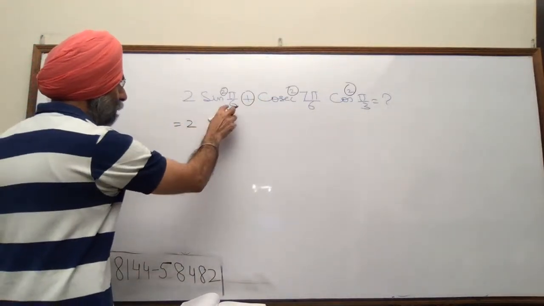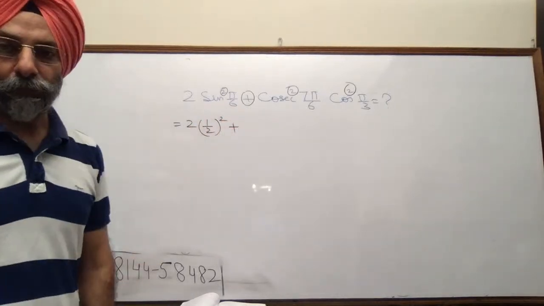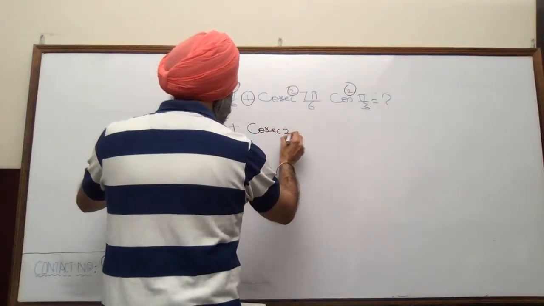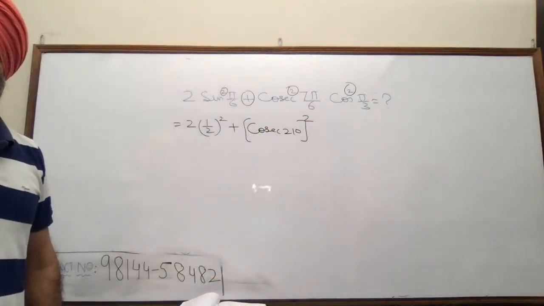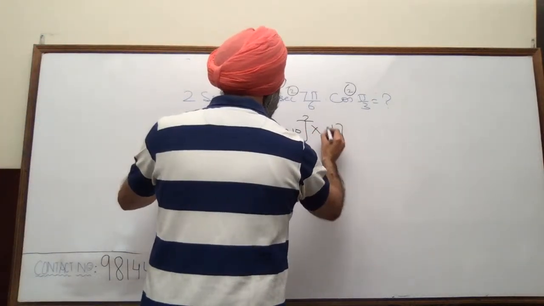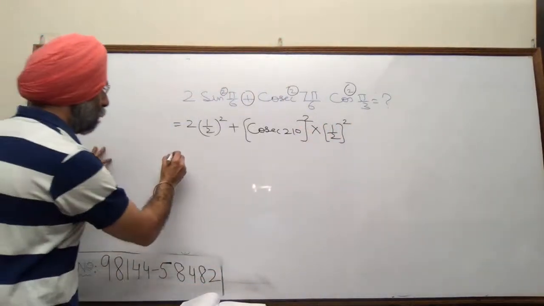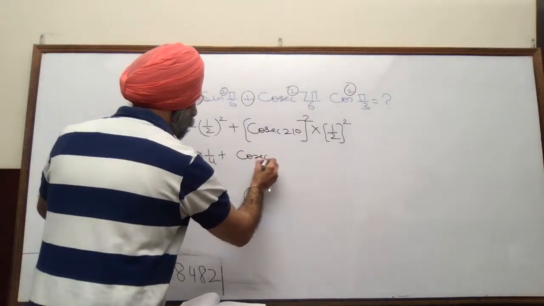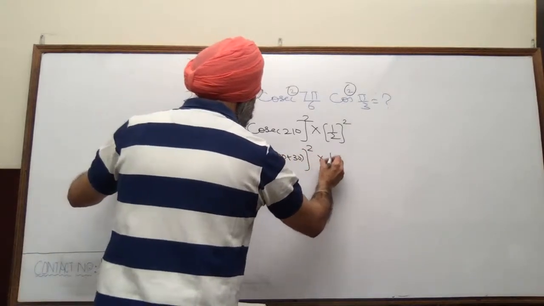This is 2 times sine 30, 1 by 2 square, plus cosecant of this is your 210 and its whole square, cos of 60, which is your half, and its whole square. So this is your 2 into 1 by 4 plus cosecant of 180 plus 30 its whole square into 1 by 4.